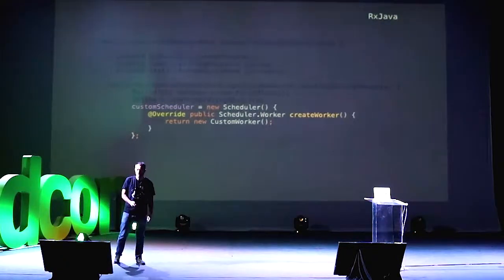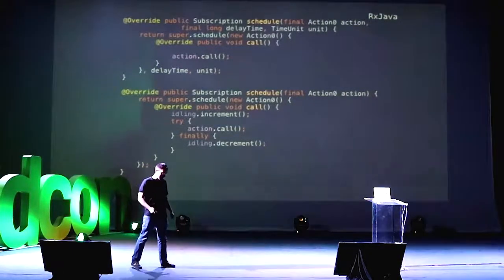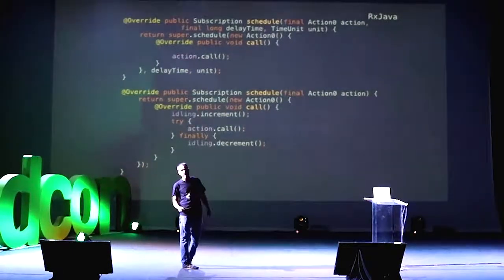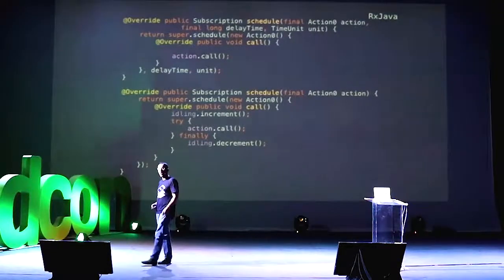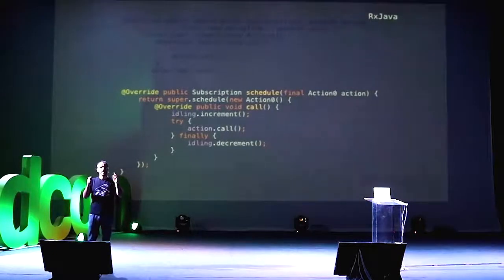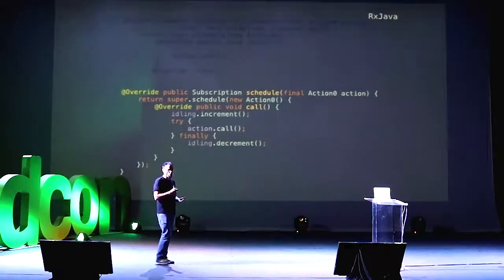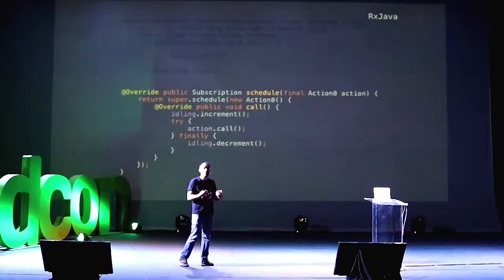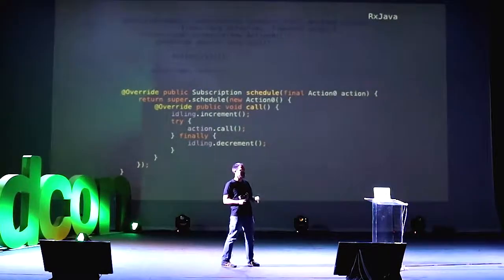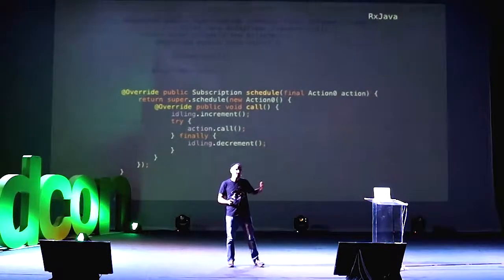And this custom worker, if you create a custom worker, you have to implement different subscriptions, right? And we want to implement the subscription in this way. Because in RxJava, the problem is that maybe you have hot and cold observables, and you don't know where to put the point to see that, hey, the test is ready or the system is idle.